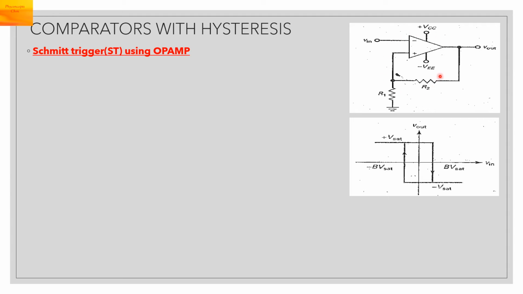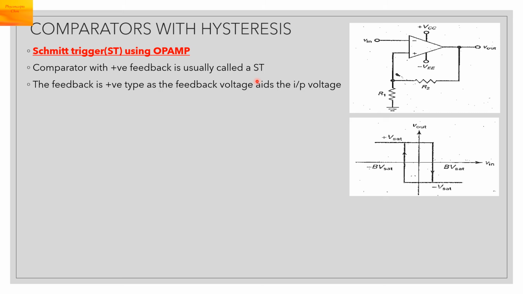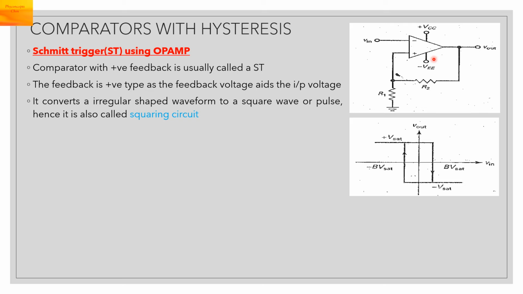So here we see a Schmitt trigger using an op-amp. A comparator with positive feedback is usually called a Schmitt trigger. The feedback is positive as the feedback voltage aids the input voltage. So this is the feedback loop. It converts an irregular shaped waveform to a square wave or a pulse. Hence it is also called a squaring circuit.